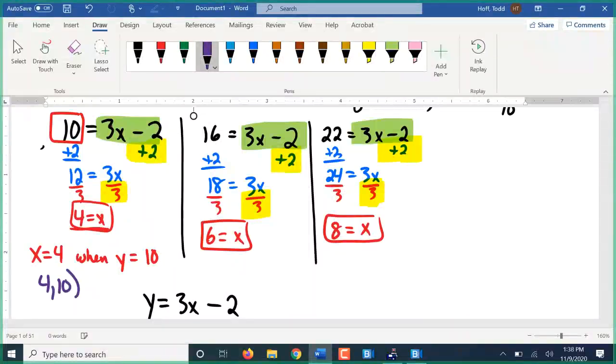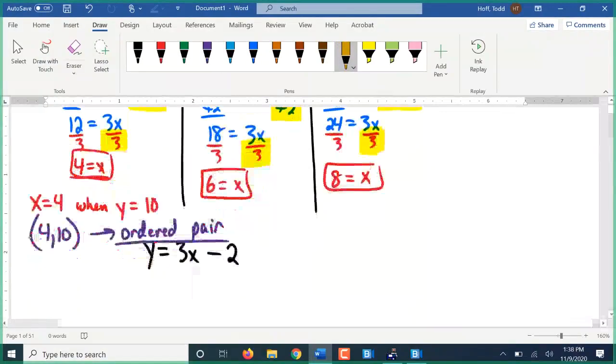It looks like this, (4, 10). It's called an ordered pair. And ordered because the order matters. The first number is always the x value.